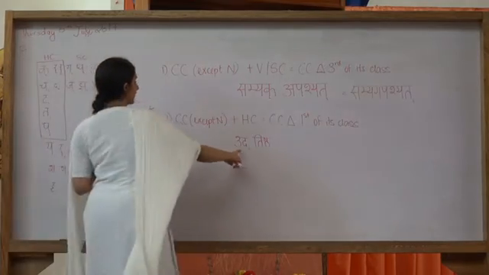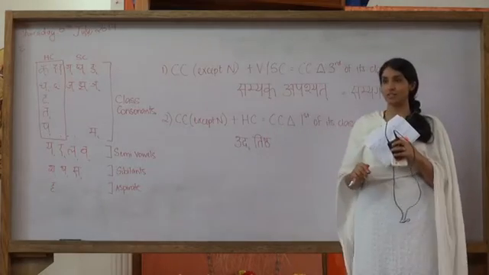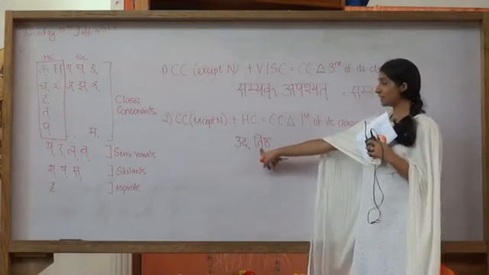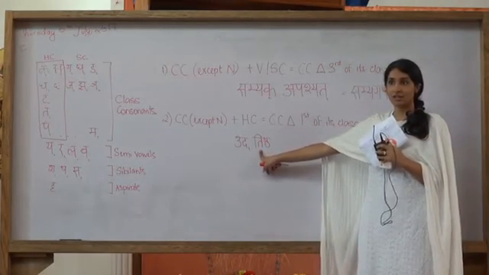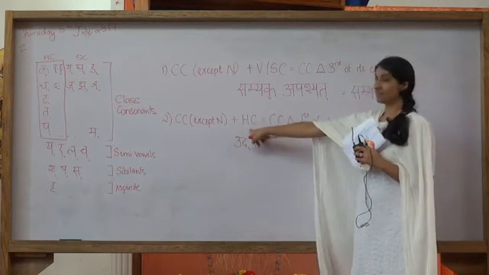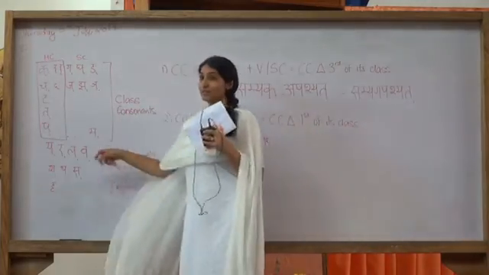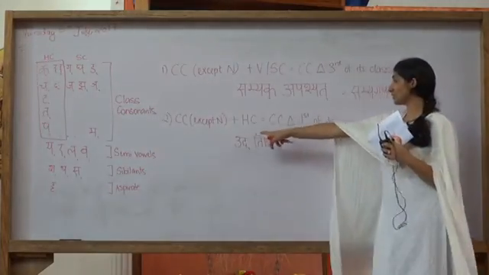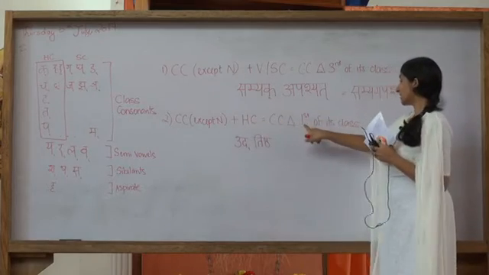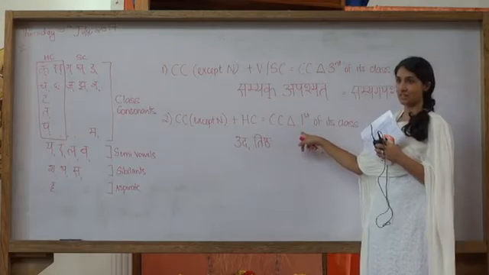So here you have a da halant, right? Da halant is a class consonant, and it's meeting a ta. A ta is a hard consonant because it's in the first line. So the rule is that if you have a class consonant meeting a hard consonant, that class consonant will change into the first one of its class.